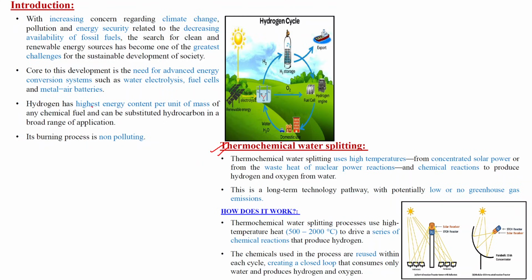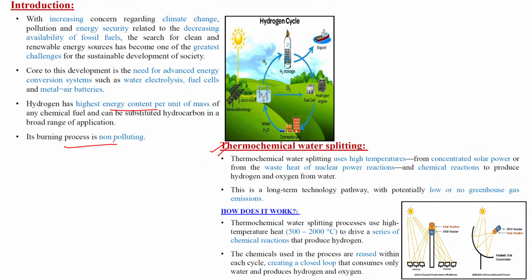Hydrogen, as I told, has the highest energy content per unit mass of the chemical fuel. Along with that, its burning process is non-polluting. Burning hydrogen doesn't produce any pollution. So that is also another advantage.